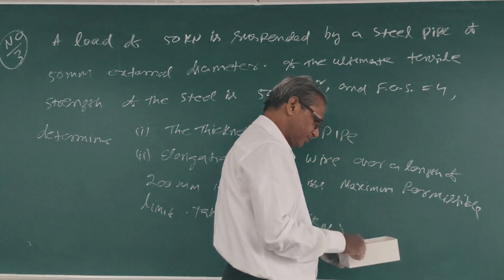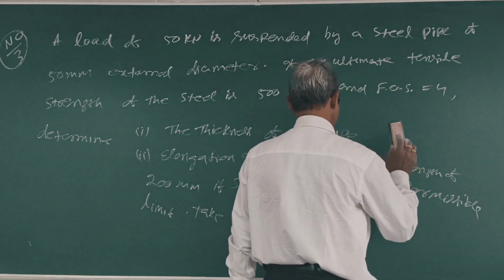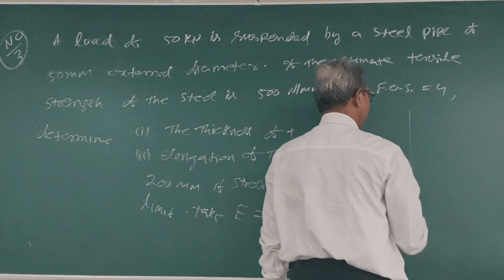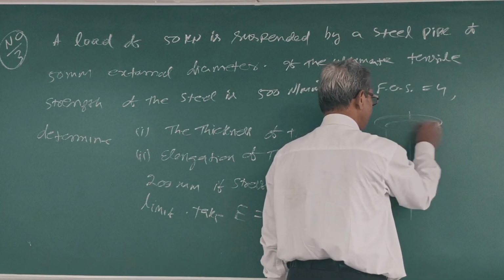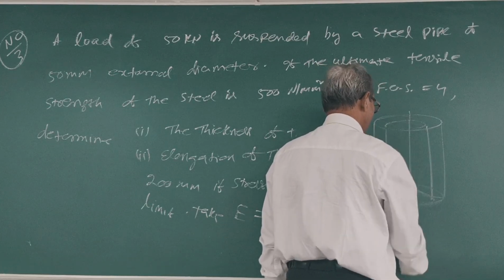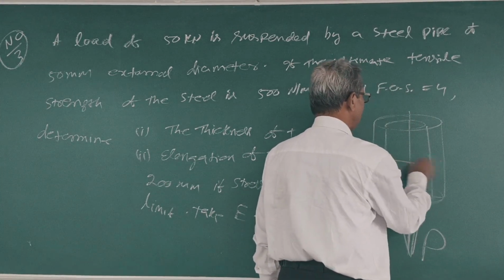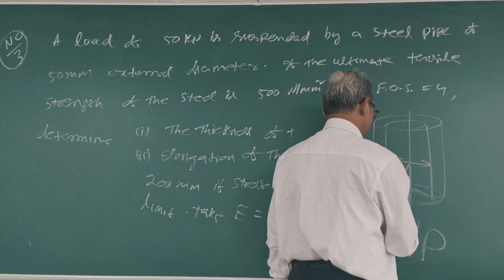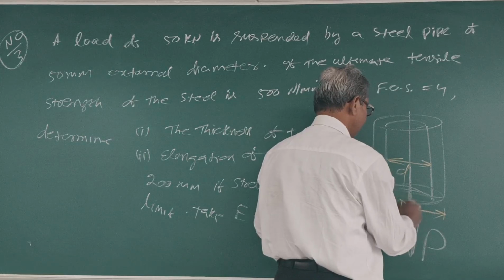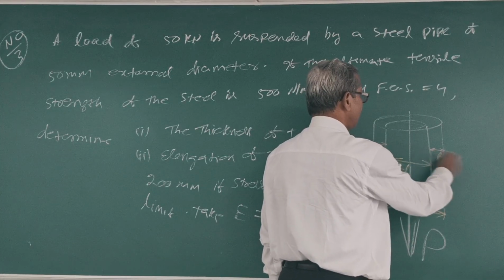Now, this is the steel wire. This is the load P. This is the internal diameter small d, and the external diameter capital D. Clear? This is the thickness T. What is T equal to?